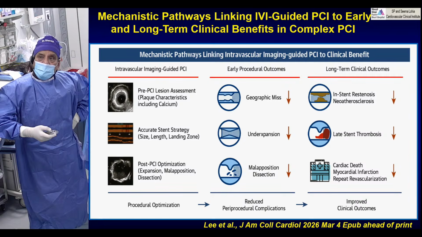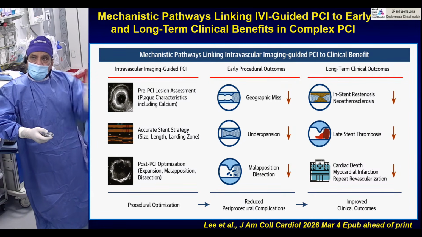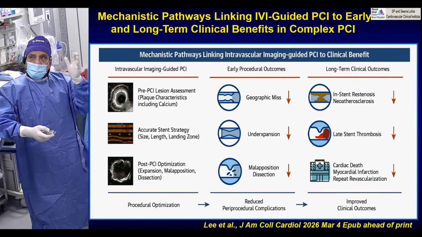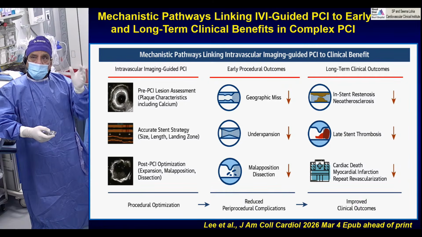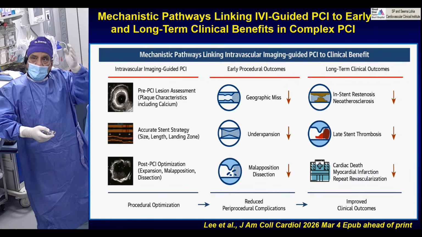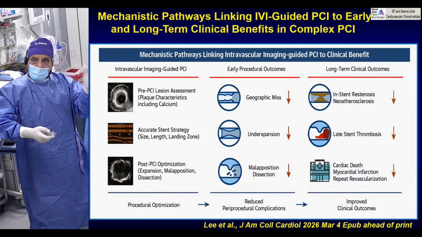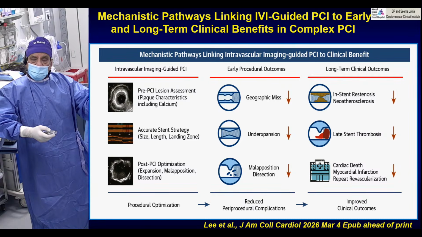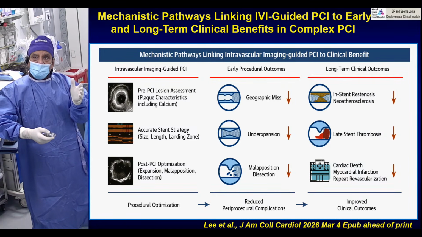Now, the second point is the mechanistic pathway linking IV imaging guided PCI to early and long-term clinical benefit. Intravascular imaging guided, we learned it: accurate sizing, post-PCI optimization, then early procedural outcome.